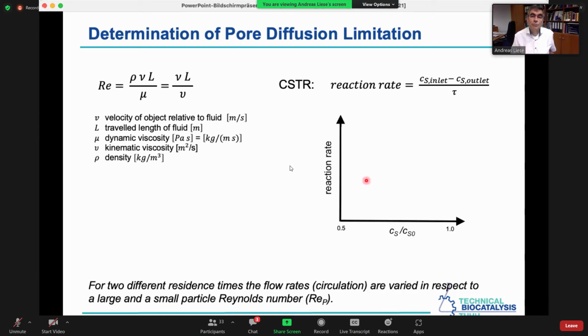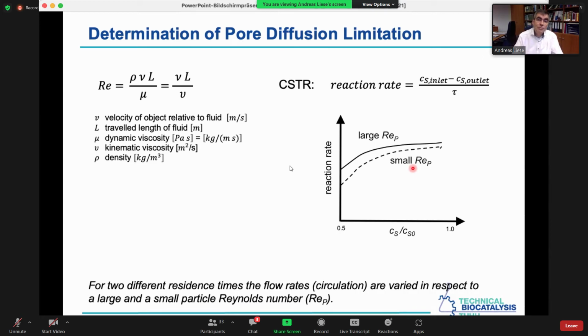Because of CSTR operation in a differential reactor, we can plot the reaction rate and view it depending on whether we have a large or small Reynolds number. The Reynolds number is a dimensionless number, as you will remember from bachelor studies.